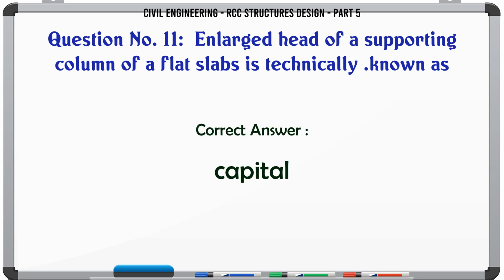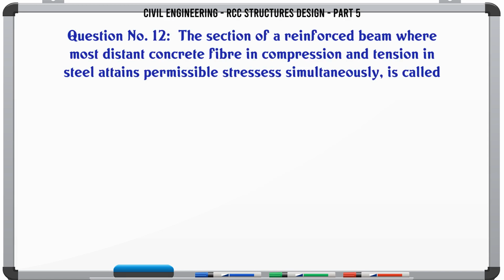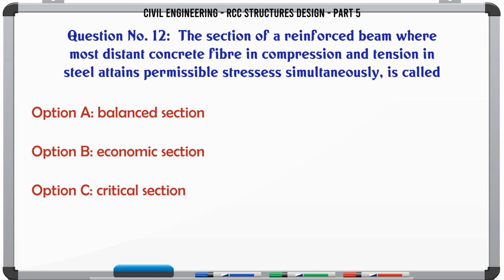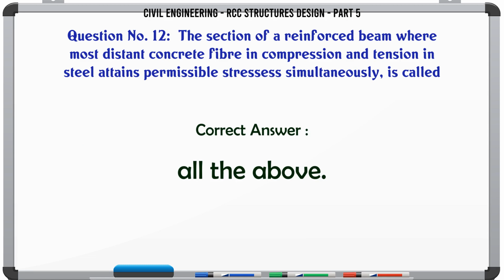The correct answer is capital. The section of a reinforced beam where most distant concrete fiber in compression and tension in steel attains permissible stresses simultaneously is called A balanced section, B economic section, C critical section, D all the above. The correct answer is all the above.